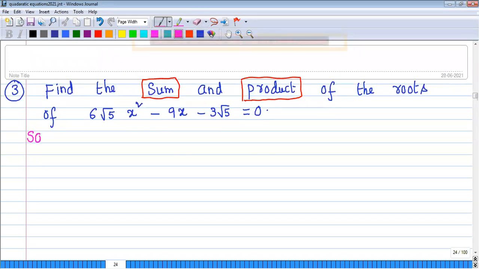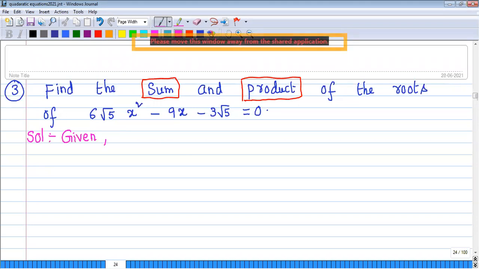But in board examination, you need to write it. Given 6 root 5 x square minus 9x minus 3 root 5 equals to 0. We should have the patience.